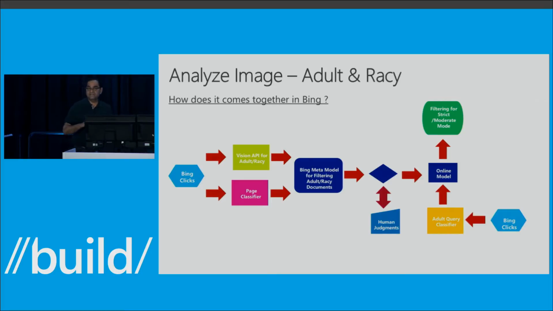And then we combine that with the query a user is typing, the query classifier, and also how people are engaging with this image, because typically an adult image, people tend to click on it for any query. So that helps us identify what it is. The meta point here is that if you have other signals besides image signals, please use them.